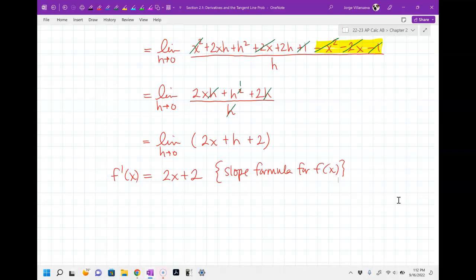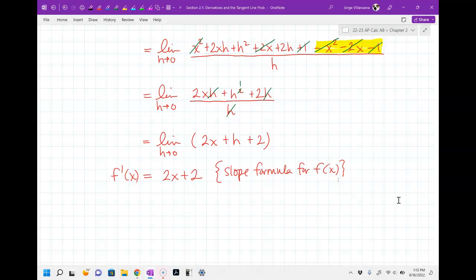X cubed has a slope formula of 3x squared. When you're doing these things, it's sometimes tedious to go through the whole process because you have to expand so many things and then cancel things out. But at the end, you're looking for a formula that's going to give you every possible slope. All you got to do is feed it a number, and it's going to spit out a slope for you, okay?